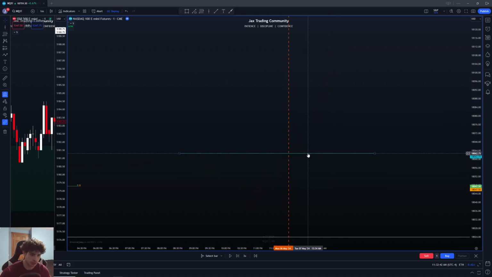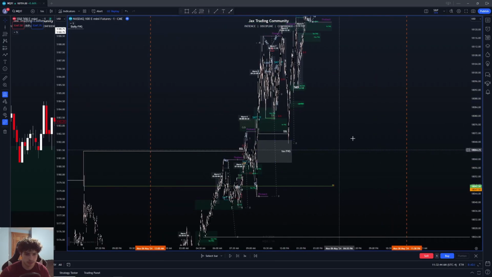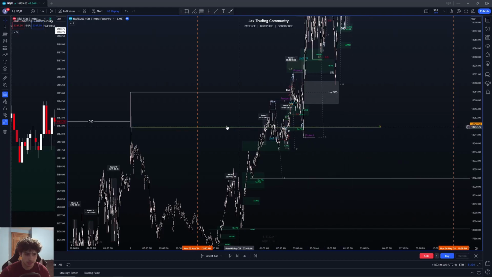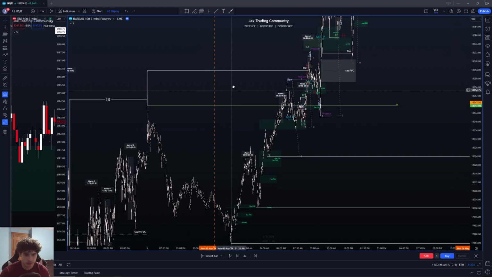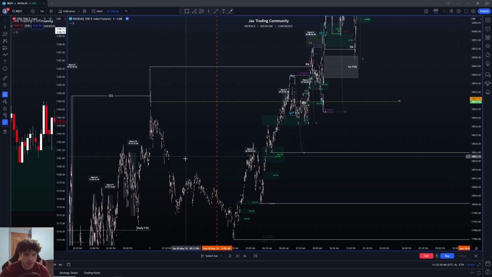So for example, right here, if I show you this on the chart, this green line is the daily open. Right here, you can see we are trading below the daily open. We create the low of the day right here. Price trades below the daily open.